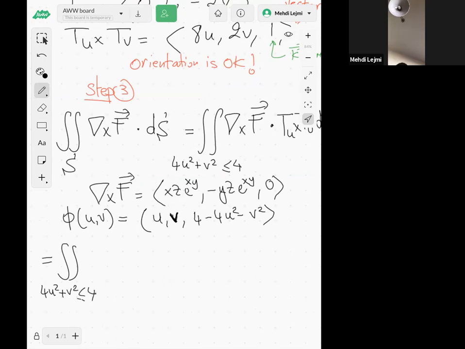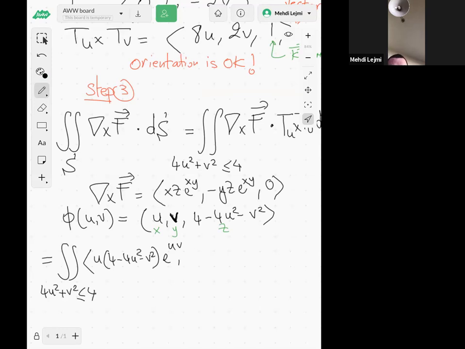Now, what would be the curl of F along S? Along S, x must be equal to u, y must be equal to v, and z is equal to this whole thing here. So my curl of F along S would be x times z. So x is u, z is this whole thing here, e to the xy, so that's e to the uv.